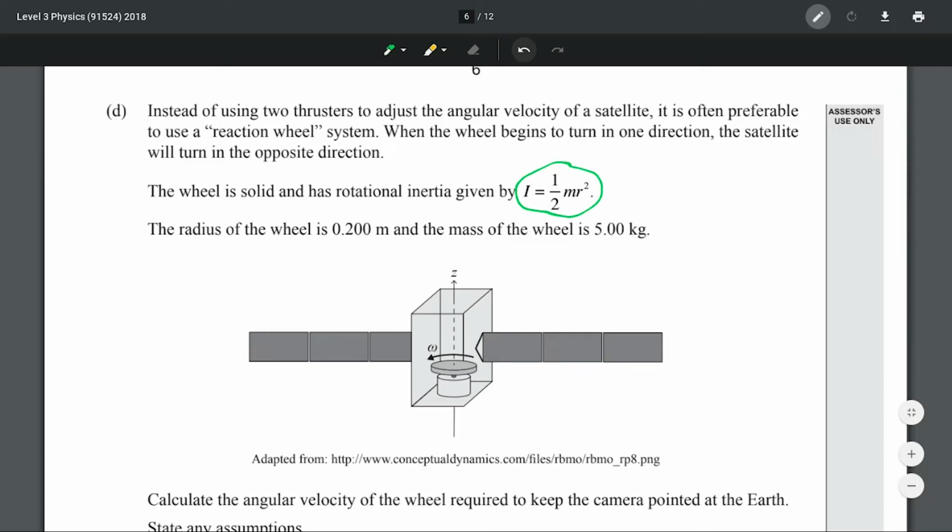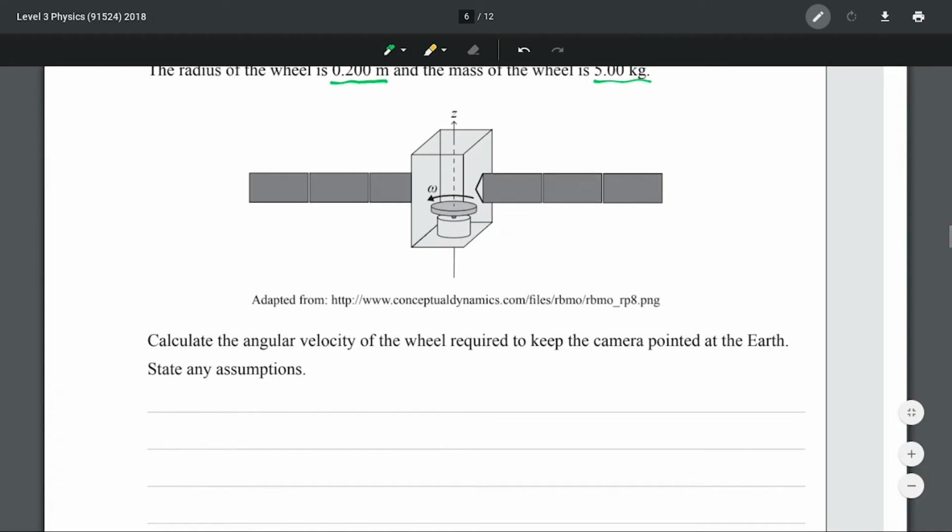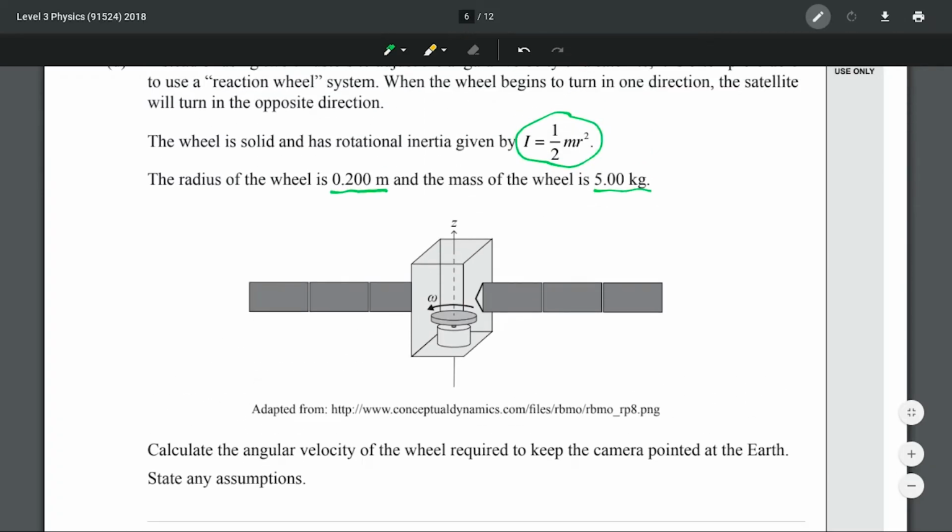The radius of the wheel is 0.2 meters, and the mass of the wheel is 5 kgs. Calculate the angular velocity of the wheel required to keep the camera pointed at the Earth. State any assumptions. And so how this works is that you give the wheel some amount of angular momentum, and in turn impart an equal amount of angular momentum to the satellite.